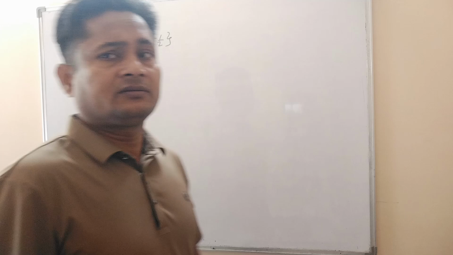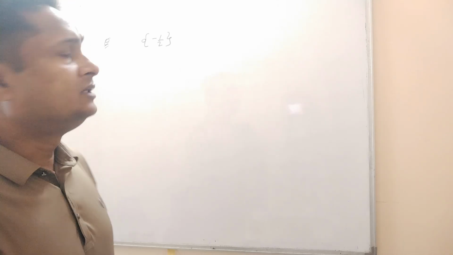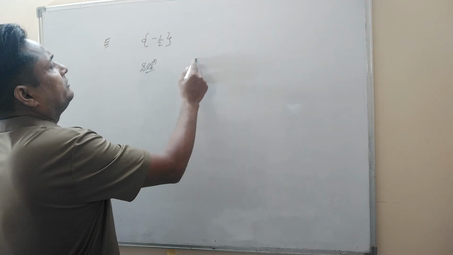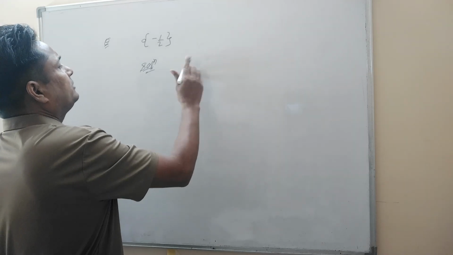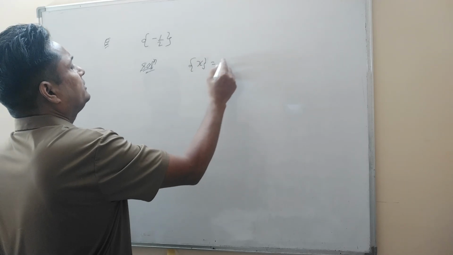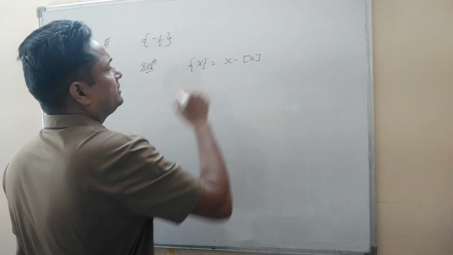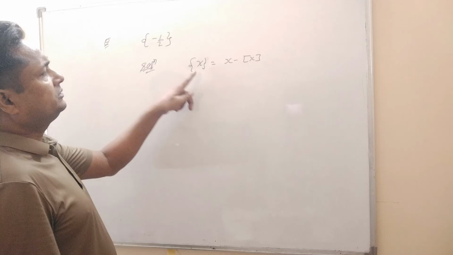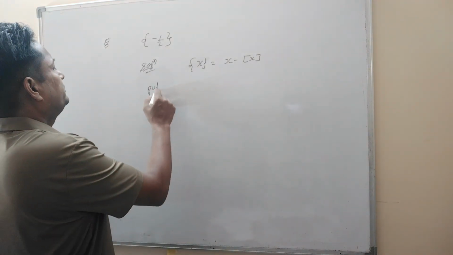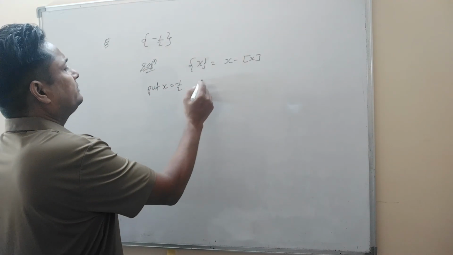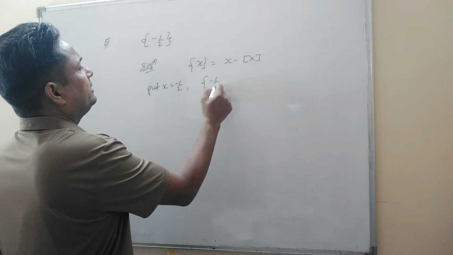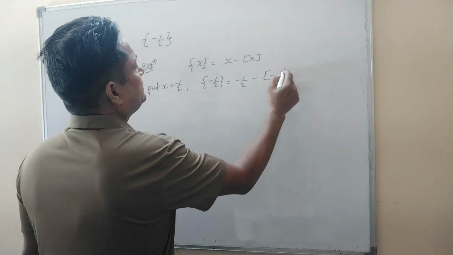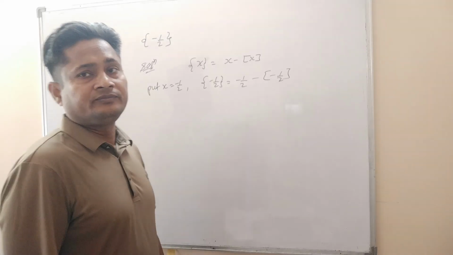We know that the fractional function of x will be x minus the greatest integer of x. So substitute x is equal to minus half. Then it will be minus half minus the greatest integer of minus half.